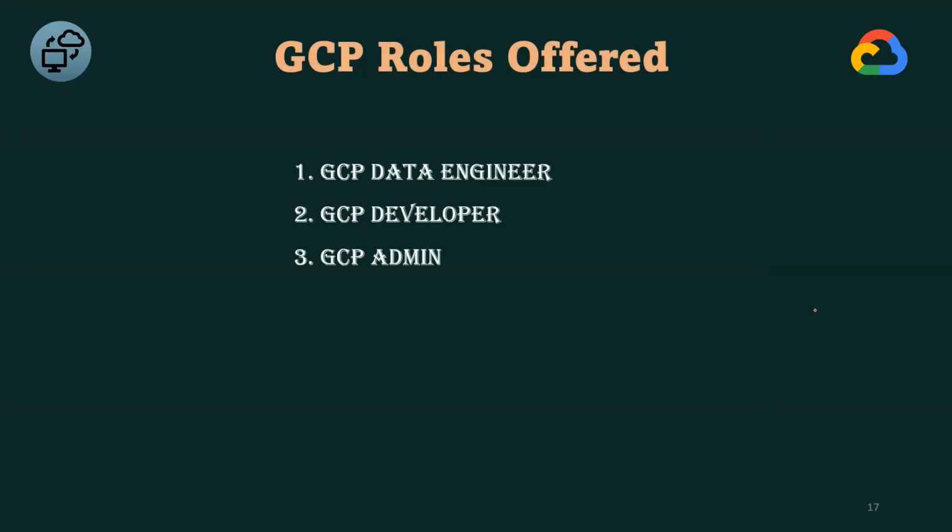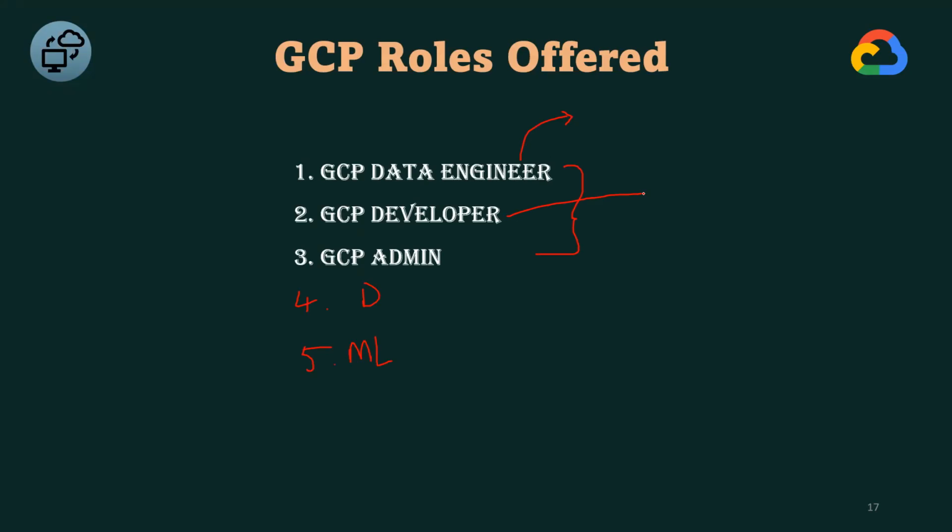Google Cloud Platform roles offered: GCP data engineer, GCP developer, GCP admin, GCP DevOps engineer. I forgot to mention GCP machine learning engineer, machine learning scientist. So many roles Google Cloud is offering, and this course is mainly focusing on three of these. You can go for GCP data engineer.